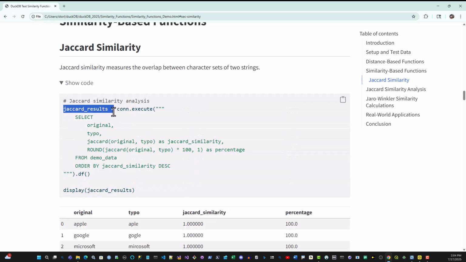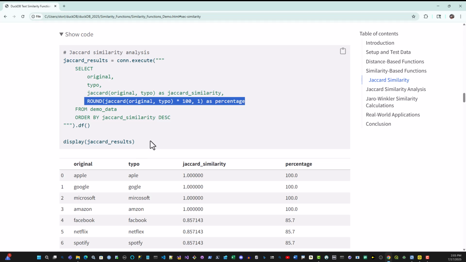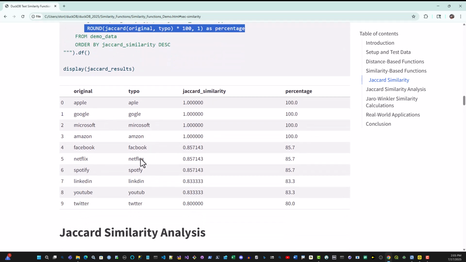I create a data frame named jaccard_results. I execute this query, getting the original and the typo column, and then use the Jaccard function, passing in the original and the typo, the two words, and call it jaccard_similarity. You can also compute it as a percent here. When you run this and display it, this is what you end up with.